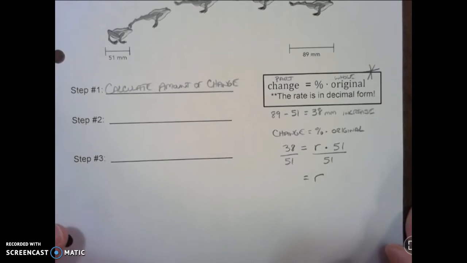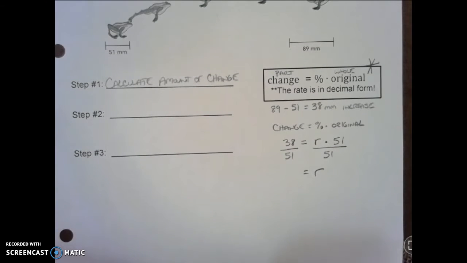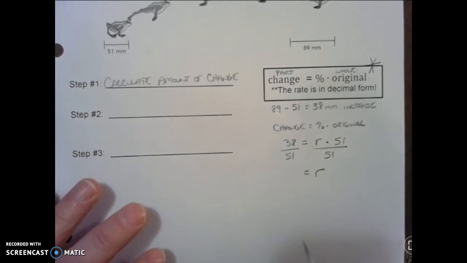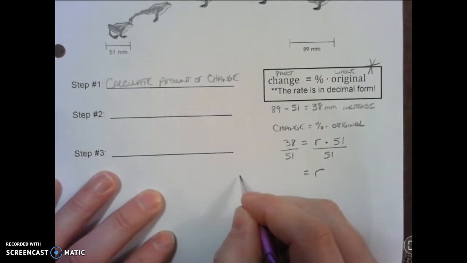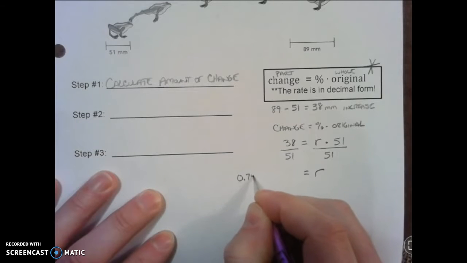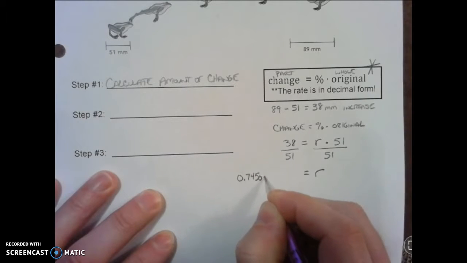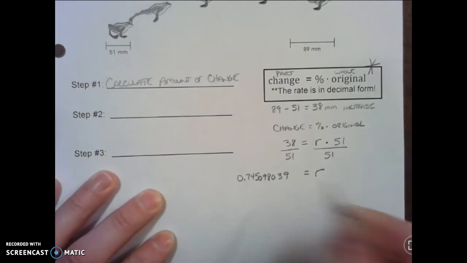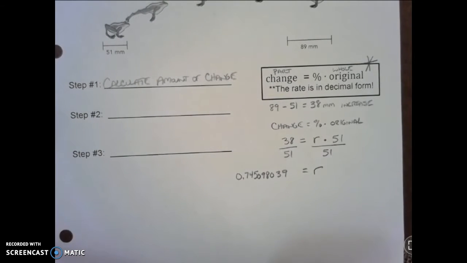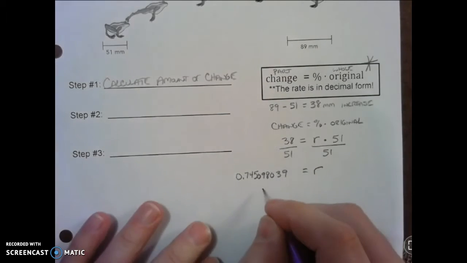And if we go ahead and enter this into our calculator, 38 divided by 51, we get a long decimal that we're going to write out, 0.745098039. That's the value of the rate as a decimal, but we know that our rate has to be in a percent form.